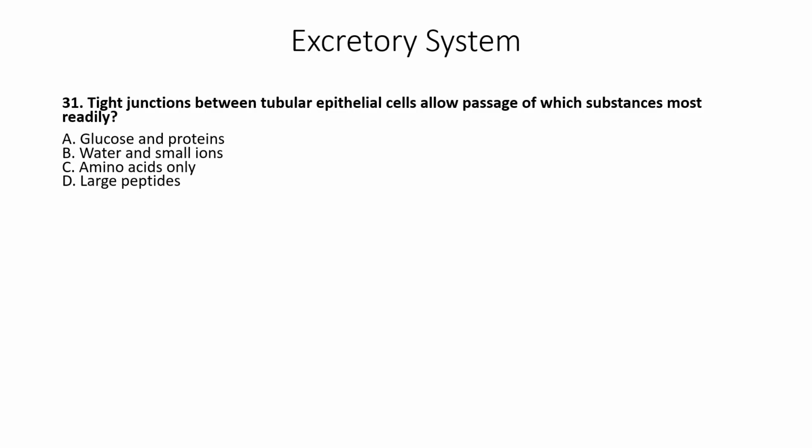Epithelial cells do have tight junctions between them. These are essentially types of junctions that prevent leakage. Okay, so these junctions try their best to make sure that nothing is getting through. And if something is getting through, it's going to be really small.